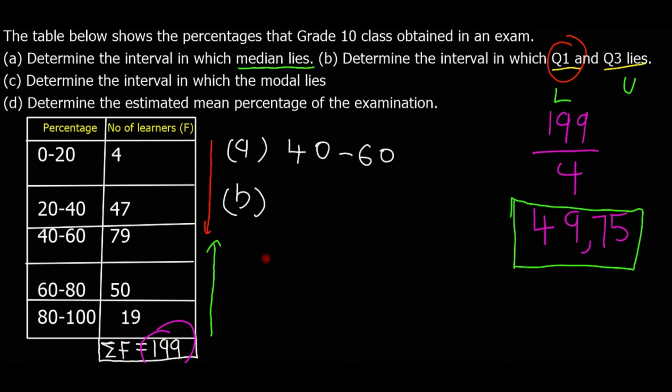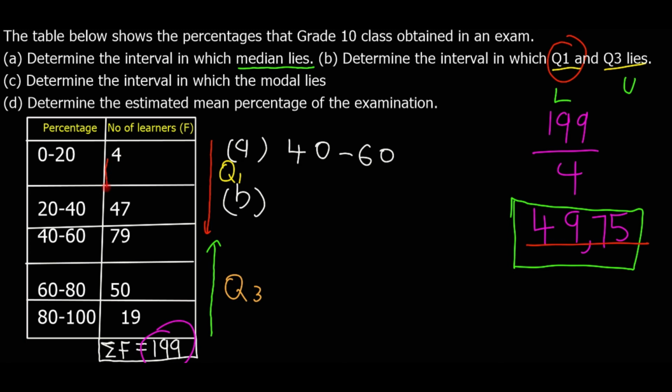This is not like the median where you can move down up or up to down. So when we do the lower quartile or the upper quartile, for the lower quartile we move from up going down, and for the upper quartile we move from down going up. So we will do the same thing, we want to reach 49.75 because this is Q1, so we move from here.